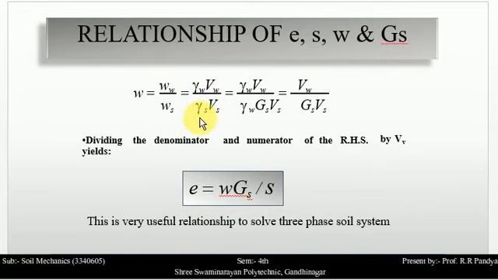So the density of solids becomes density of water into specific gravity of solids. We can directly add this in the equation. So the equation will become water content is equal to gamma W into Vw, volume of water, divided by gamma W into Gs into Vs.